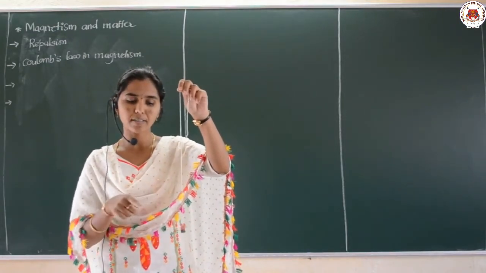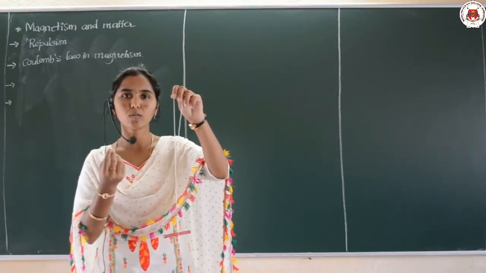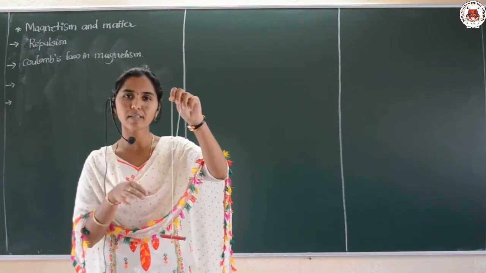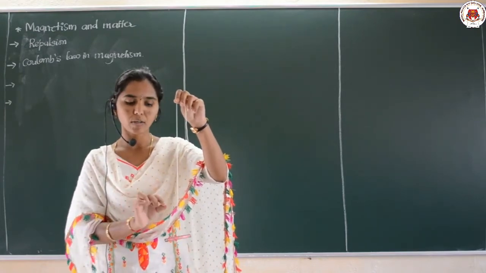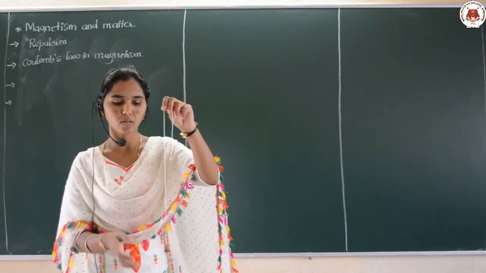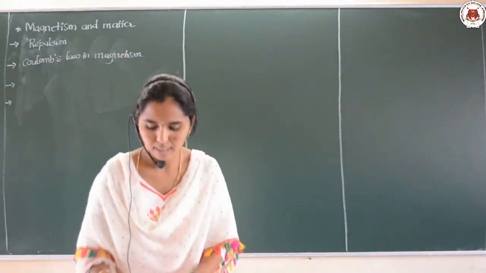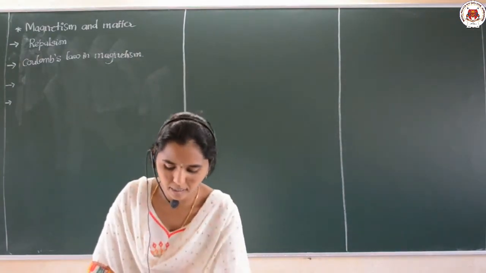When it stands, that is showing us the north-south direction. Due to the wind or the air, a little deflection will be there, but when it stands, it shows us the north-south direction.